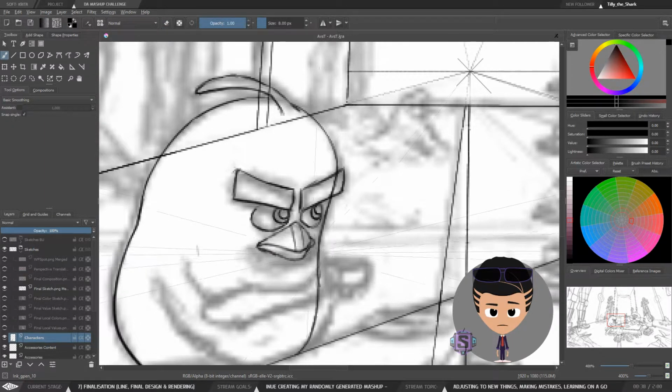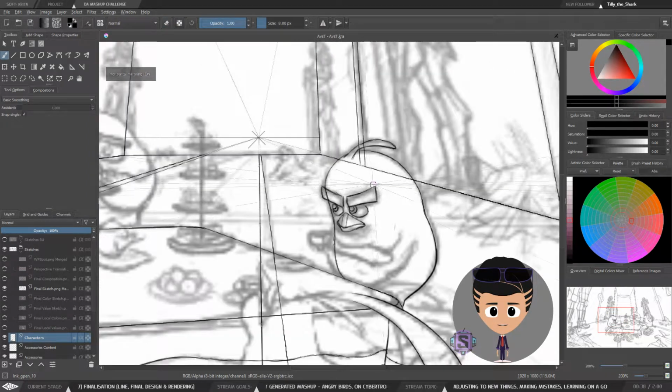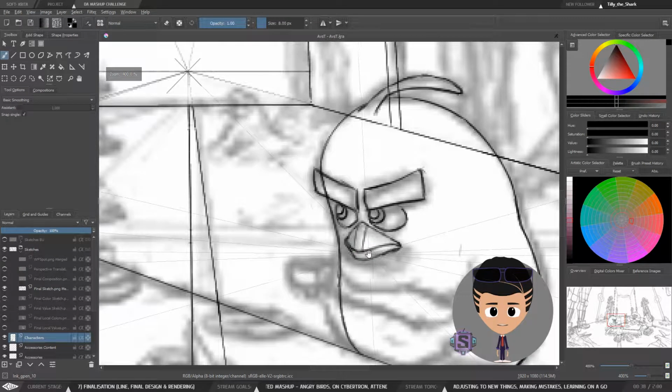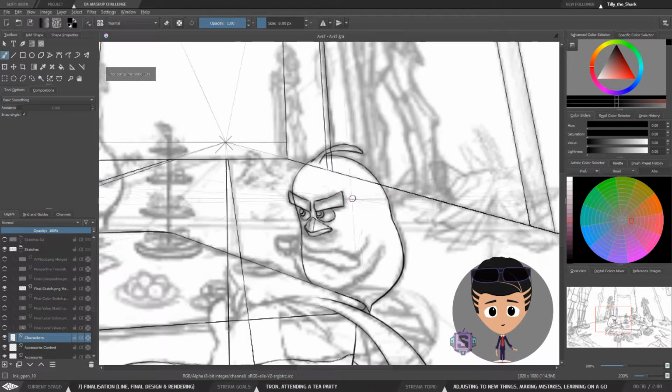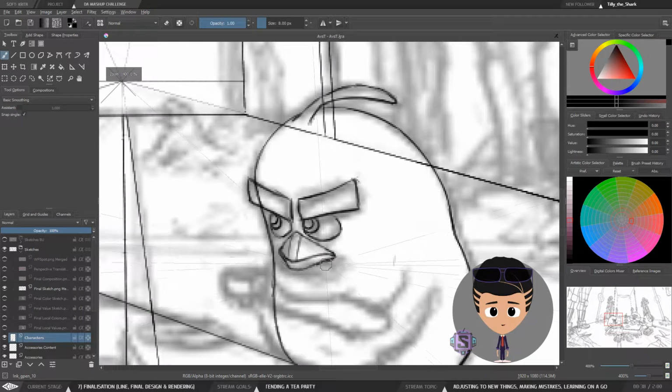Trying to look at reference and things look decent. But I guess for that we need to spend more time. No, it doesn't look natural.